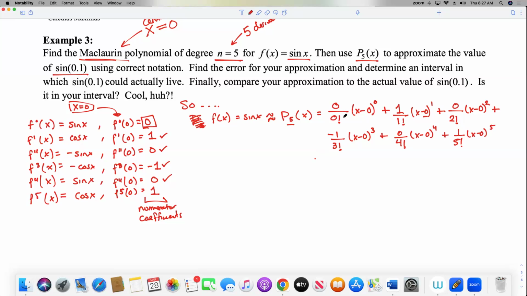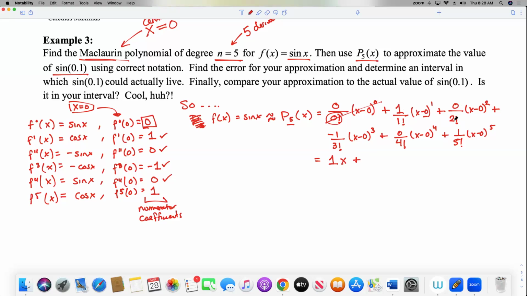So now when we clean this up, obviously 0 divided by 1, please remember 0 factorial is 1. 0 divided by 1 is 0 times all of that, which is 1, and that's going to be 0. So I'm just not going to write this down. 1 over 1 factorial is just going to be 1, and that's just going to be x.